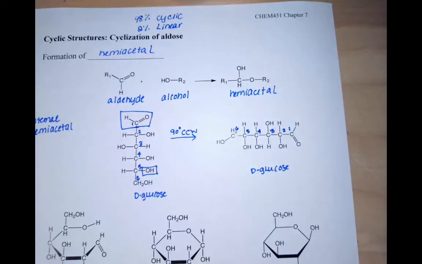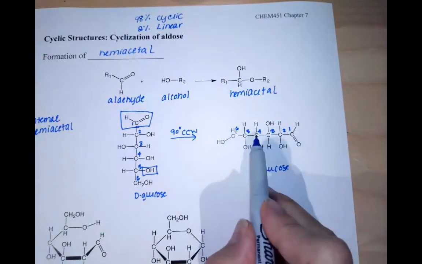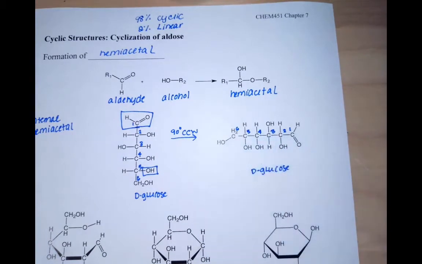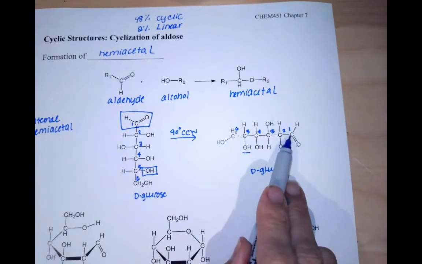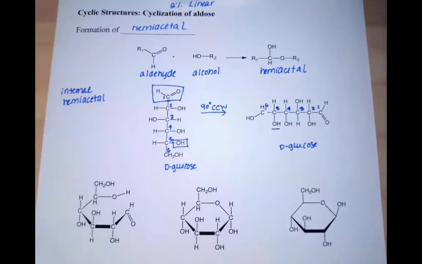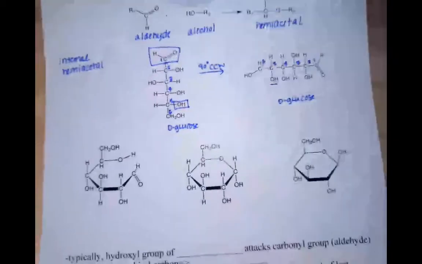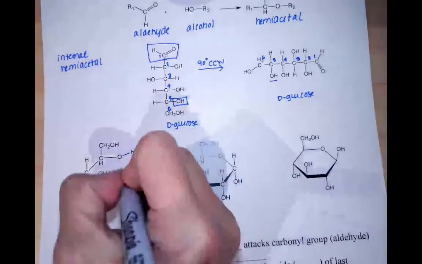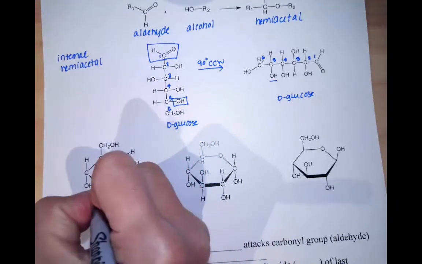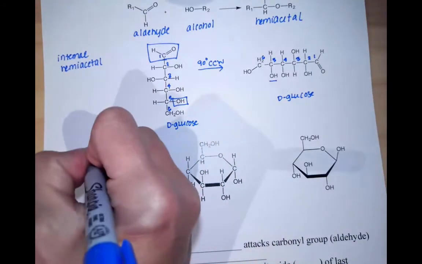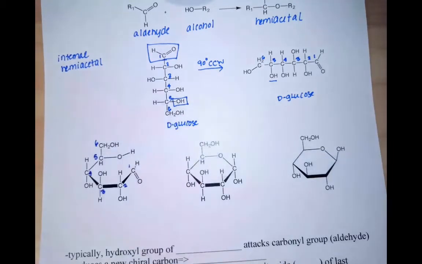And let's imagine that these carbons were able to bend such that this hydroxyl group is near the aldehyde group. So this is what it would look like if it did that bend. So here's carbon number 1, 2, 3, 4, 5, and 6. And at this point, this hydroxyl group is going to react with that aldehyde group to form our hemiacetal.